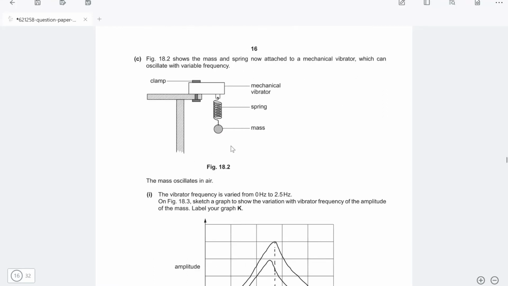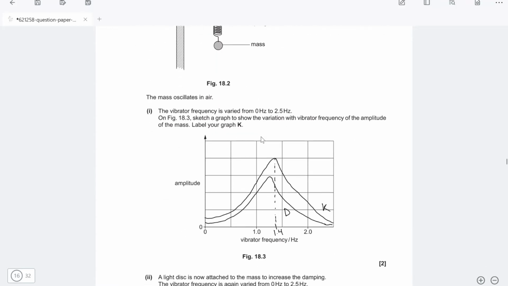Part C, we have this figure showing the mass on the spring now attached to a mechanical vibrator which can oscillate with a variable frequency. So we're given that the frequency is varied from 0 to 2.5 Hertz. Sketch a graph to show the variation with the frequency of the amplitude, and we're going to label our graph K. This is our resonance curve, which is going to peak at the natural frequency.